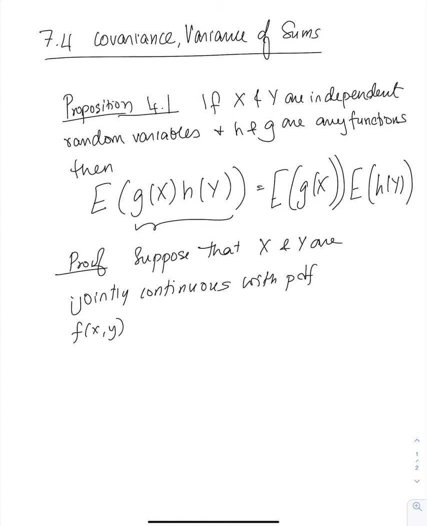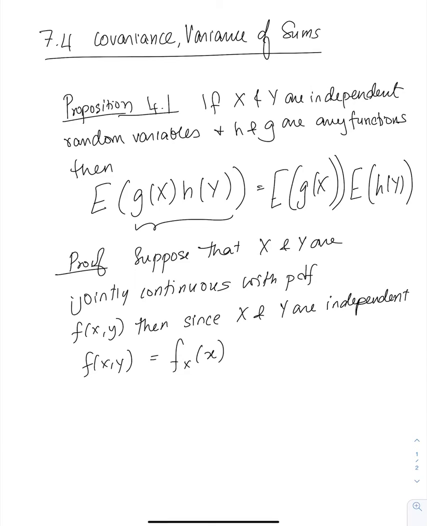Since X and Y are independent, you have that f of x, y is equal to what? It will be the product of the density of the random variable X and the probability density function of the random variable Y.